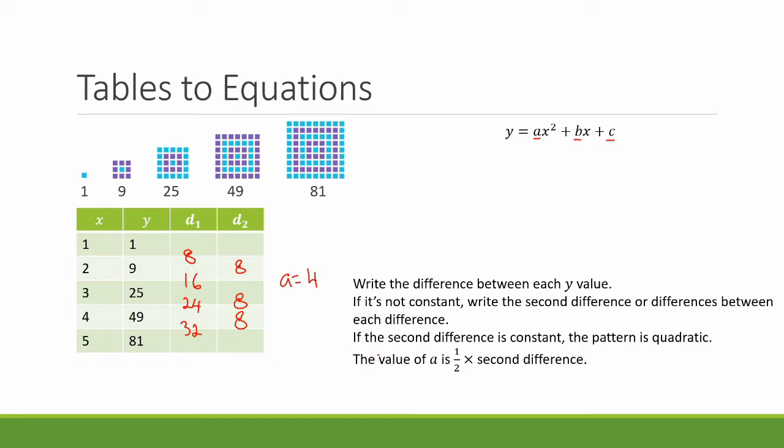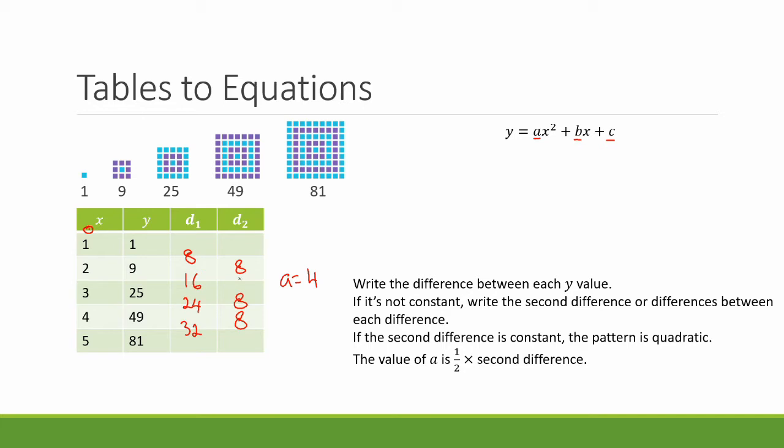The next part to find in this quadratic equation is actually the c value. That's going to be the next easiest part to find. Now, just like with a linear pattern, we know that the c value is the value of y when x is 0. So what we need to do is work backwards to find out what our y value is going to be when x is 0. That does mean that we need to look at our difference of differences and find out what the new difference is going to be going back.